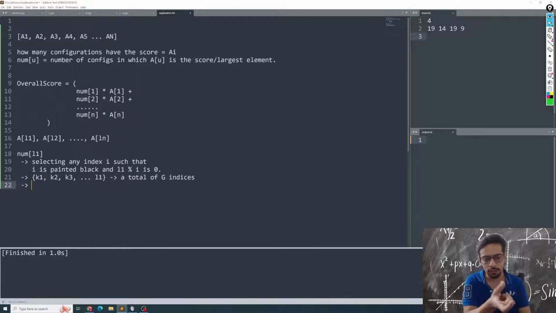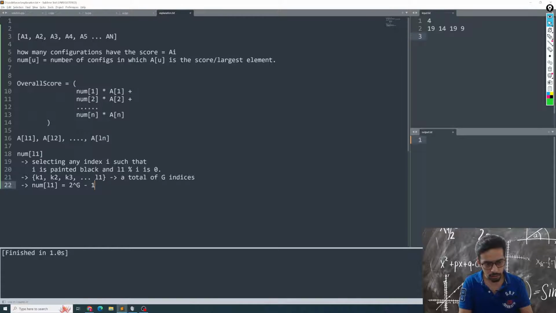So any subset of these G indices is good enough for me, at least one of them getting selected. So there are a total of 2 to the power G minus 1 such subsets, because ignore the empty subset. This will be num of L1. And then the contribution will simply be num of L1 into A of L1. So this should be good enough. I hope we are all clear here.